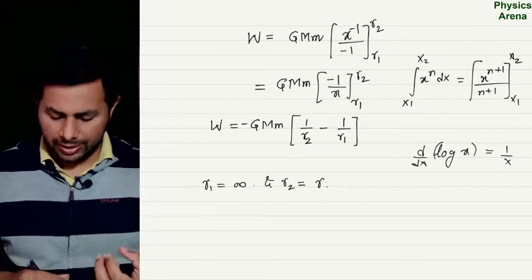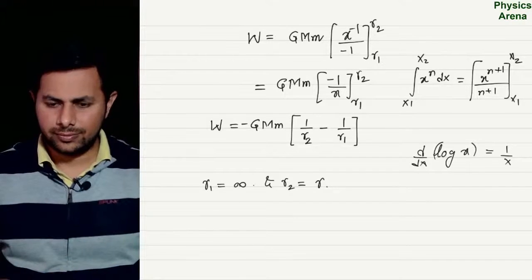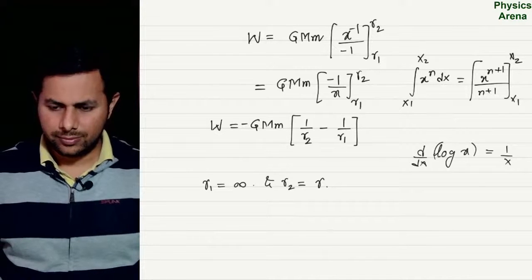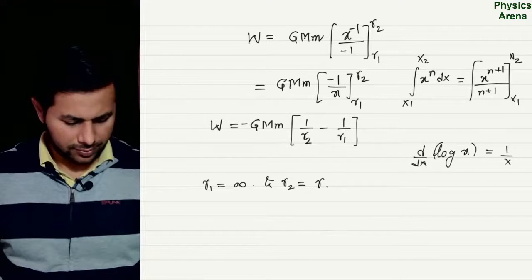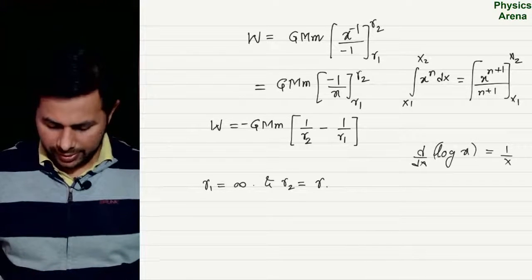Okay, so we are moving that object from infinity to r. So is this thing clear?